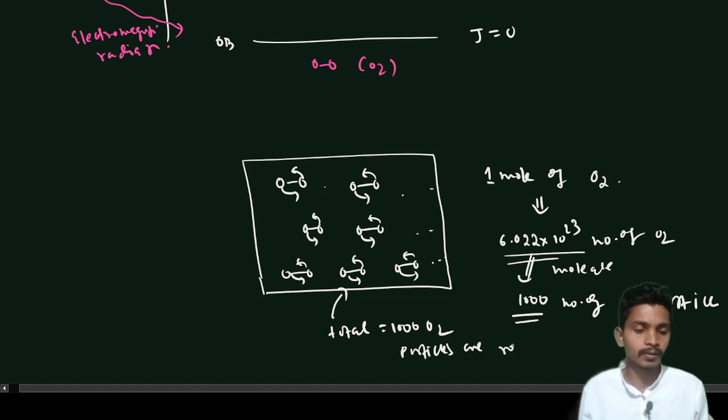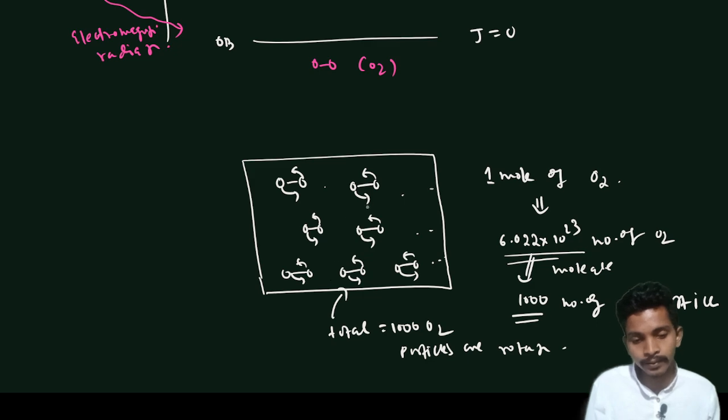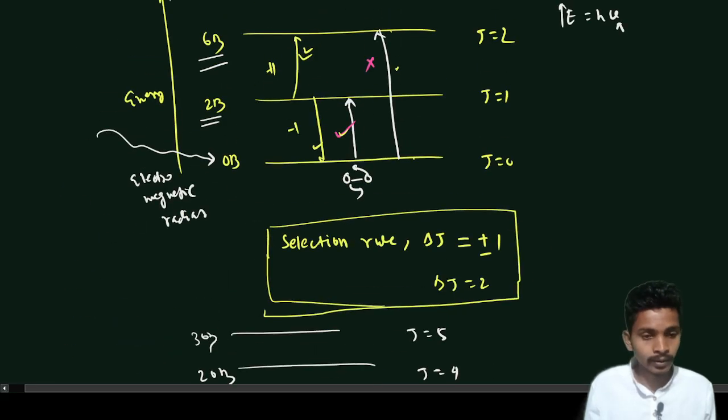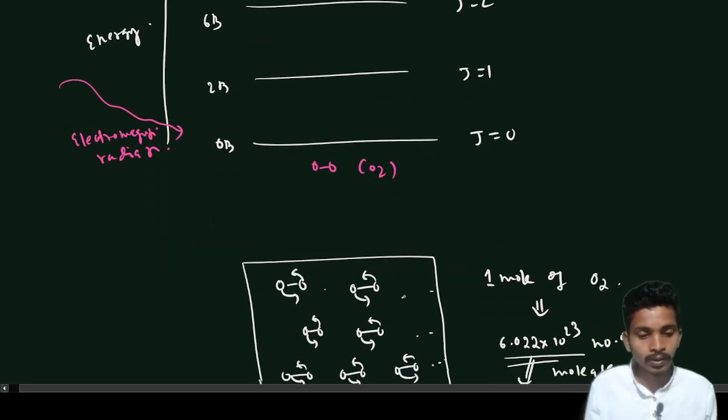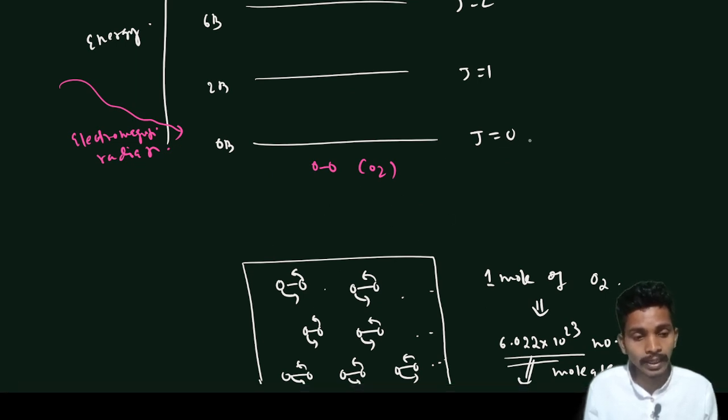Now the question is, these 1000 particles, at which energy levels are they rotating? Do all 1000 lie at the same energy level, or do they lie in different energy levels?